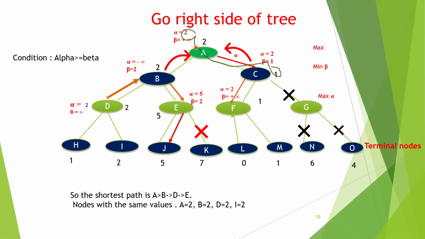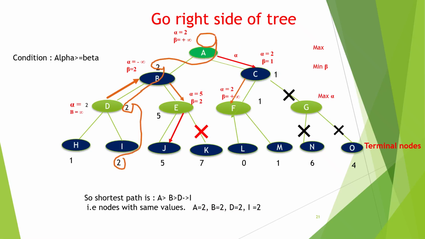Node A has the value 2, B has the value 2, D has the value 2, and I has the value 2. So this is the shortest path: A to B, B to D, D to I.